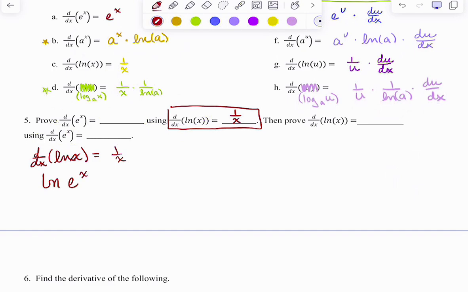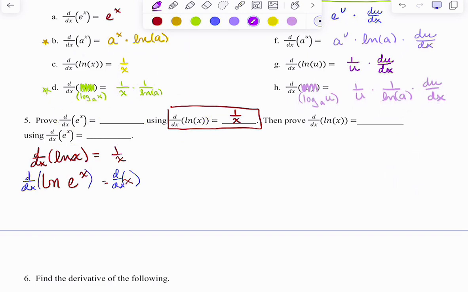So we can take the natural log of e to the x and say, we know that this equals x. Can we take the derivative of both sides? Sure. Take the derivative of both sides. Remember, that's an operation.